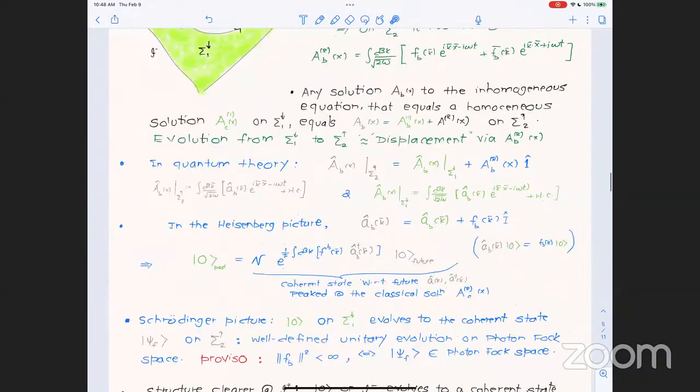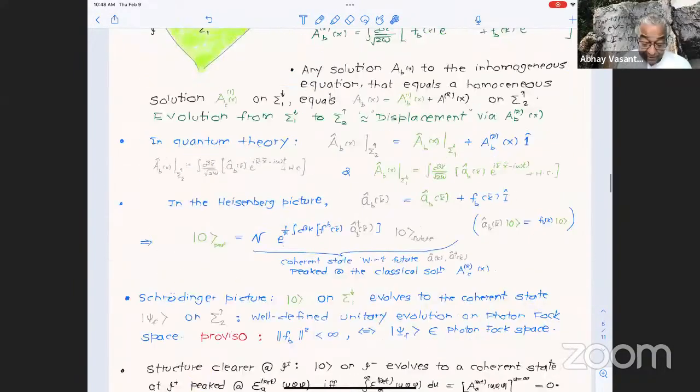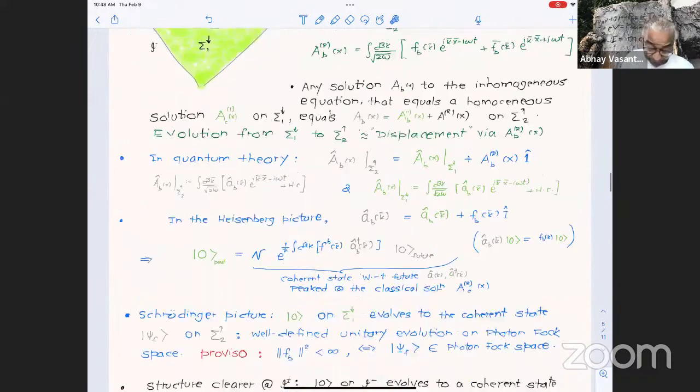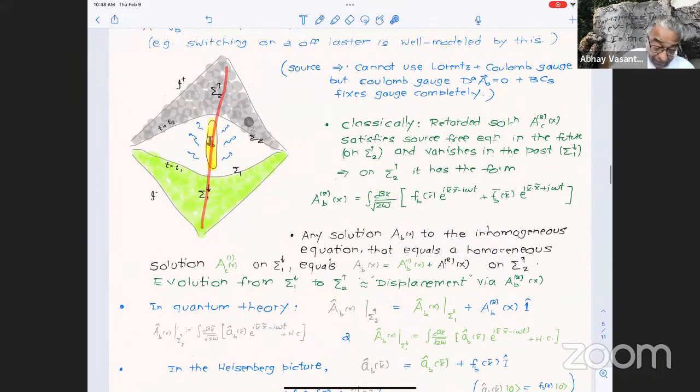Okay. And again, the structure I said up here, I talked about the green region and the flat region up here. If the source were actually going all the way from I minus to I plus, then of course this green region will shrink to Scri minus, and the gray region will shrink to Scri plus.